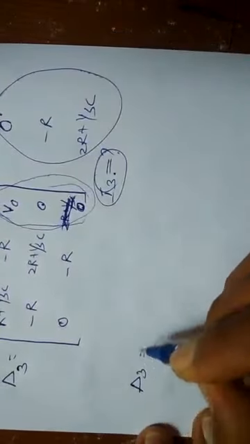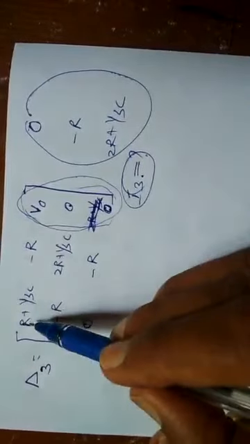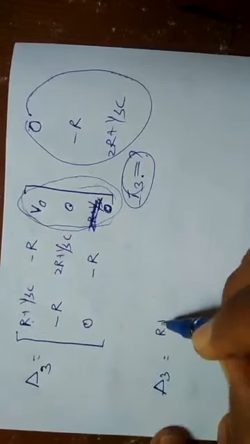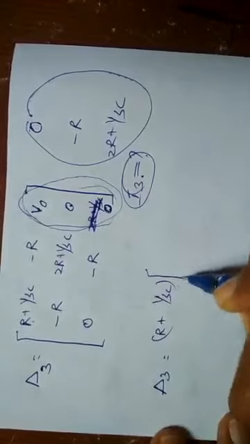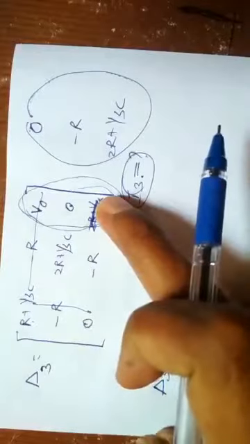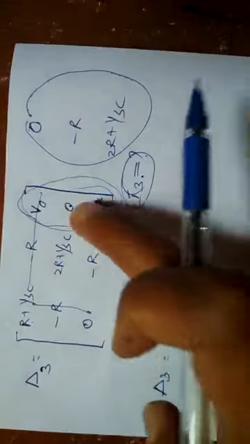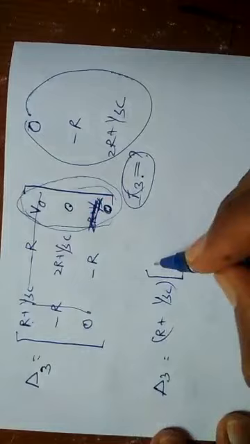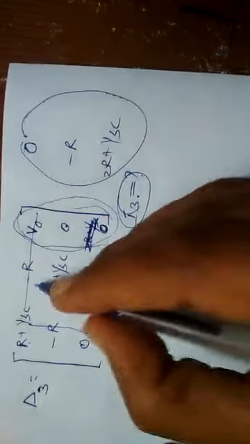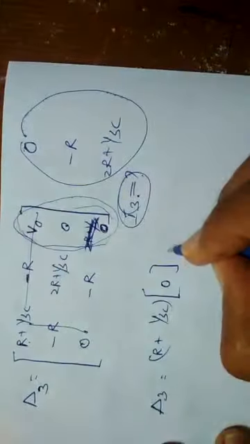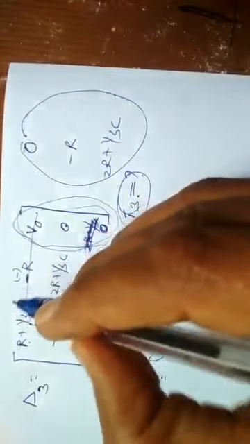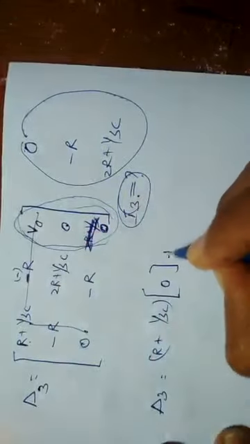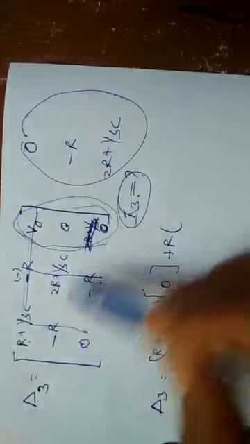So now del 3 becomes R plus 1 by SC, into, leave this column and this row, and multiply these terms, so 0 minus 0, so the total term becomes 0. Already we will be having minus R, so this position is minus, so plus R into, leave this column and this row, and you have to consider these two.